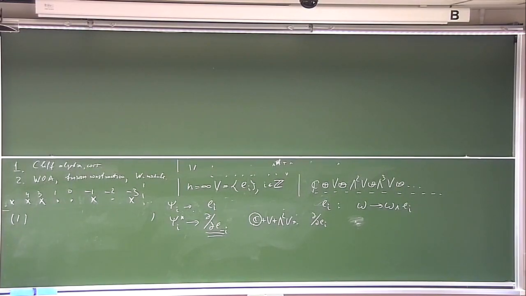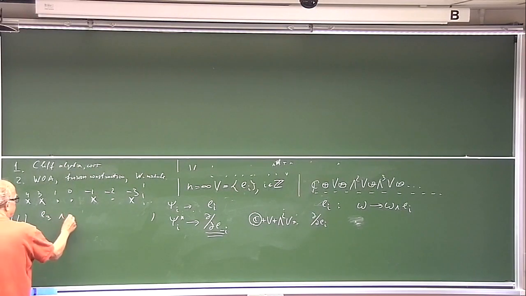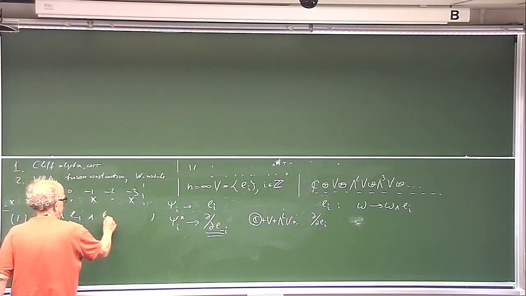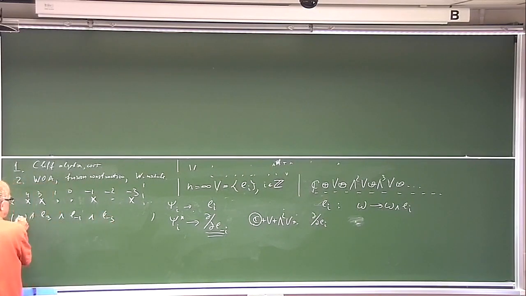So this is a semi-infinite configuration. It means in one direction it is finite, and in the other direction it is not. And if I write down such a configuration, I can write the vector from this space. It can be, for example, e_3 here, e_{-1} here, and next e_{-3}, and so it is an infinite product in this direction.